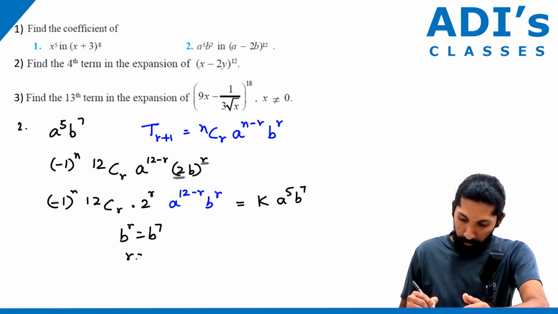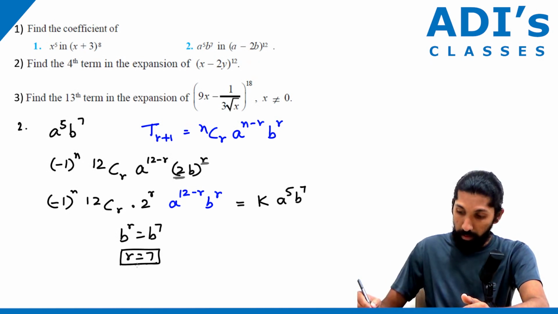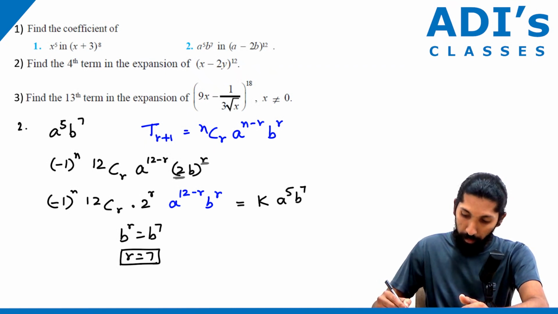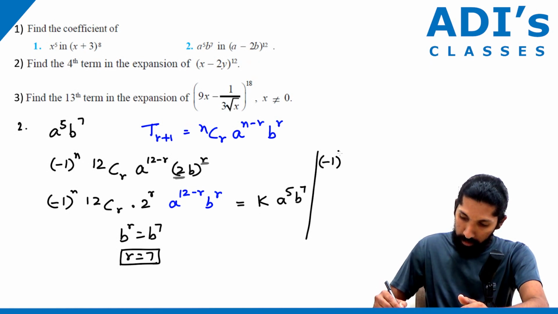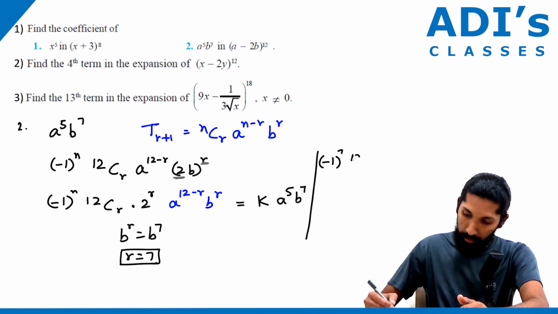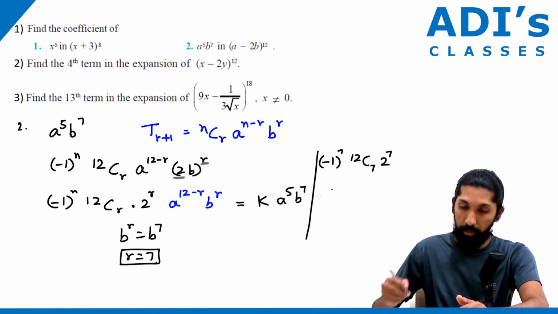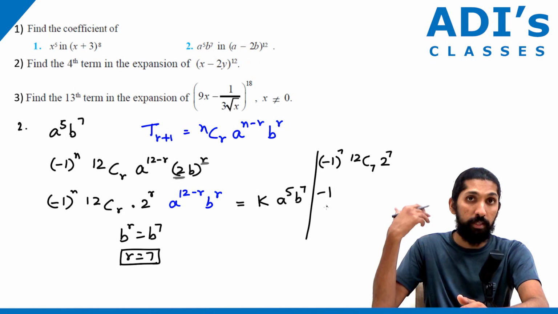Substitute that. If you substitute that, we are going to get minus 1 power 7 into 12C7 into 2 to the power of 7. So minus 1 into, see, 12C7 is the same as 12C5.